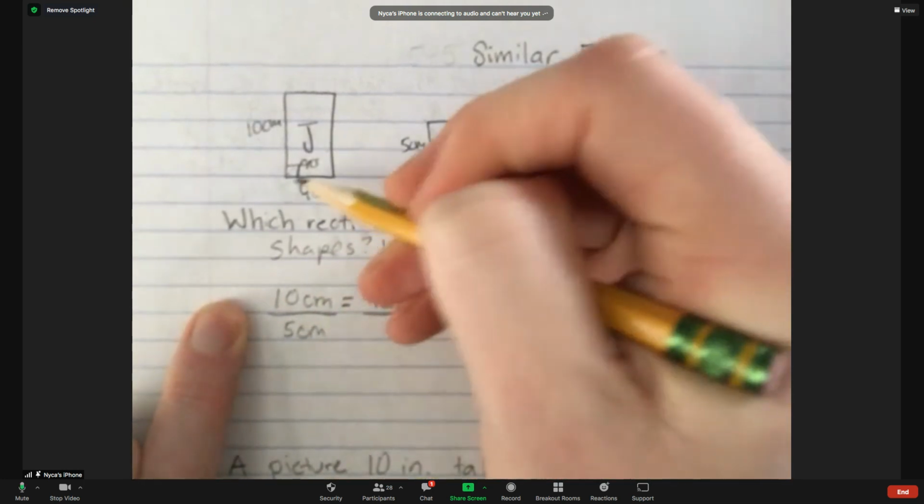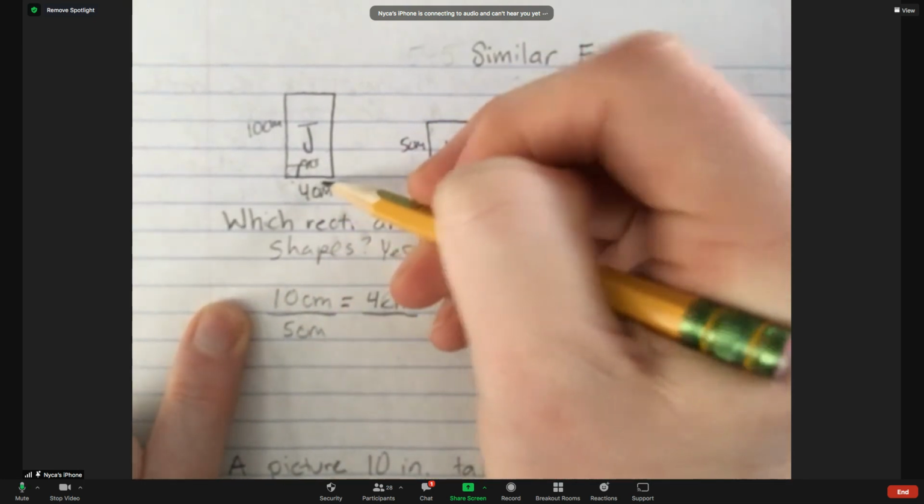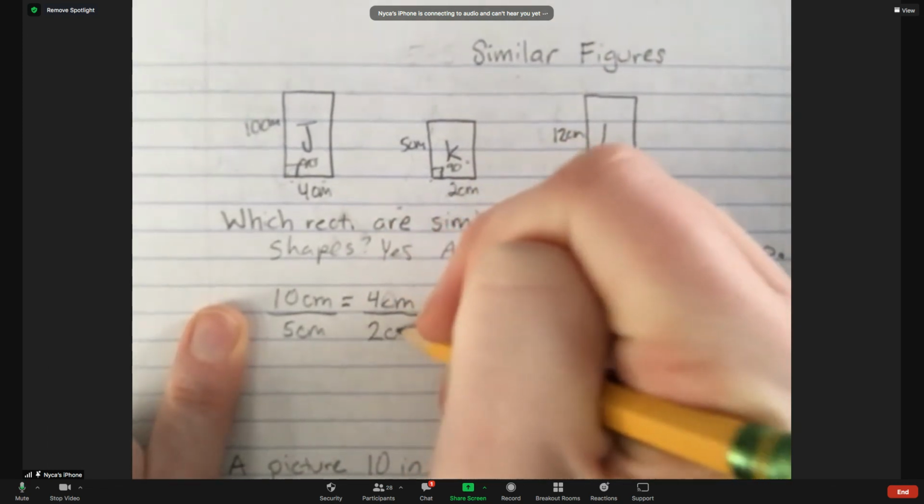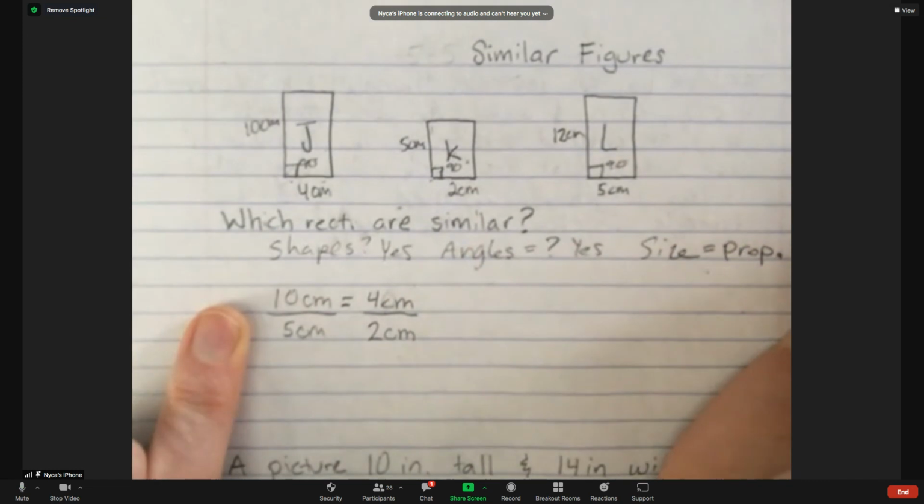Then I looked at the 4 centimeters here. So in that same position, I want to look at the 2 centimeters there.